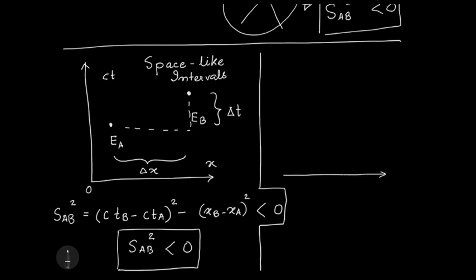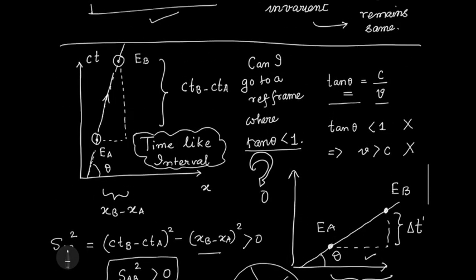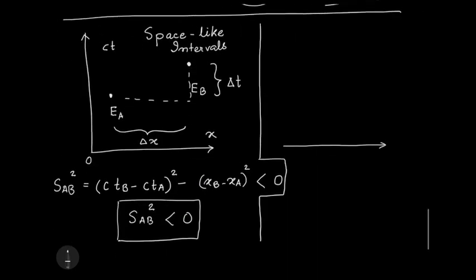There can be another one. You see, for the time-like intervals, the two points can be on the trajectory of a velocity with this theta, and theta is such that tan theta is greater than 1. So here, time-like intervals, tan theta is greater than 1. Space-like intervals, tan theta is less than 1.